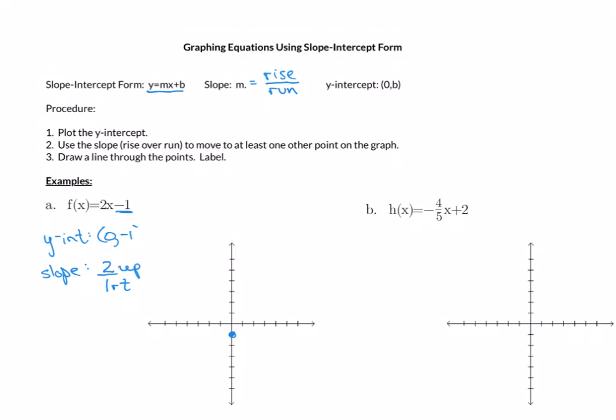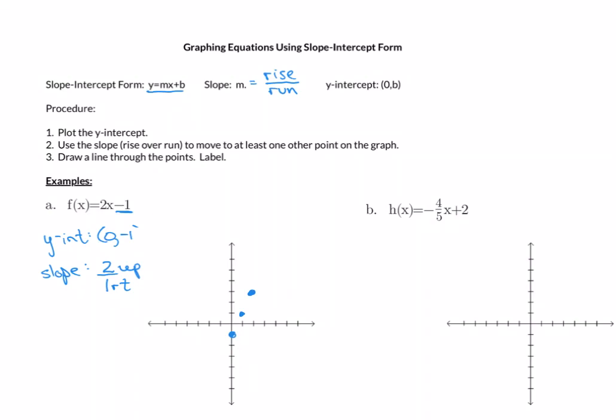We're moving in the positive directions. So starting from here, we're going to go up 2, and we're going to go 1 to the right. So we should end up right here. And you can do this from any point on the graph. So for instance, from here, I can go 2 up and 1 to the right, and it continues going.